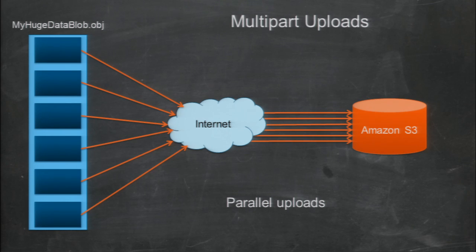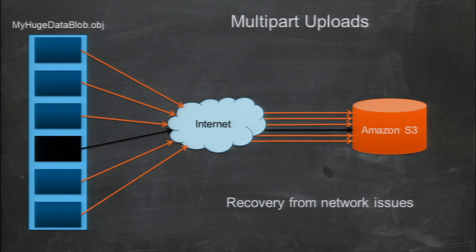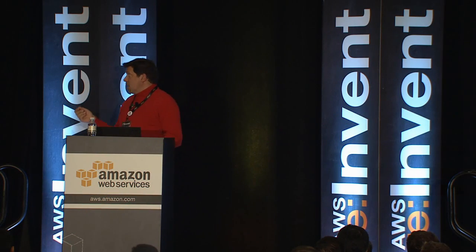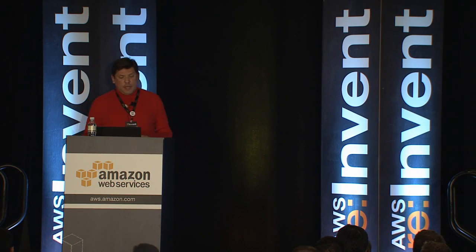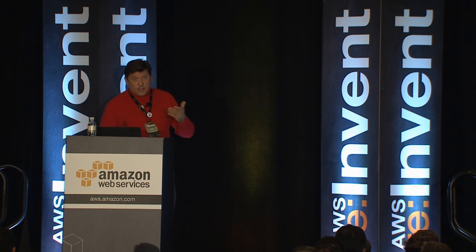Multipart Upload will support up to 10,000 parts, so you can actually get really large objects using this. The other really nice thing that Multipart gives you is if one of these parts does fail its upload for whatever reason, you simply have to re-upload that single part, and at the end then assemble the object from there. So it lets you recover from failed puts much nicer than the original scheme.